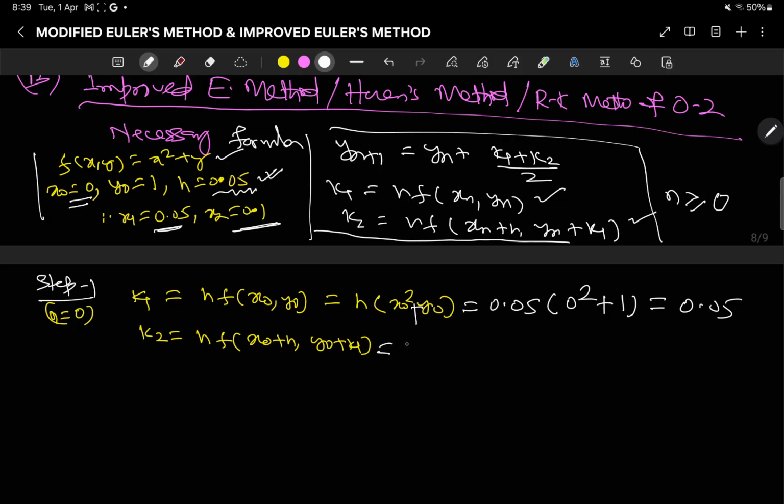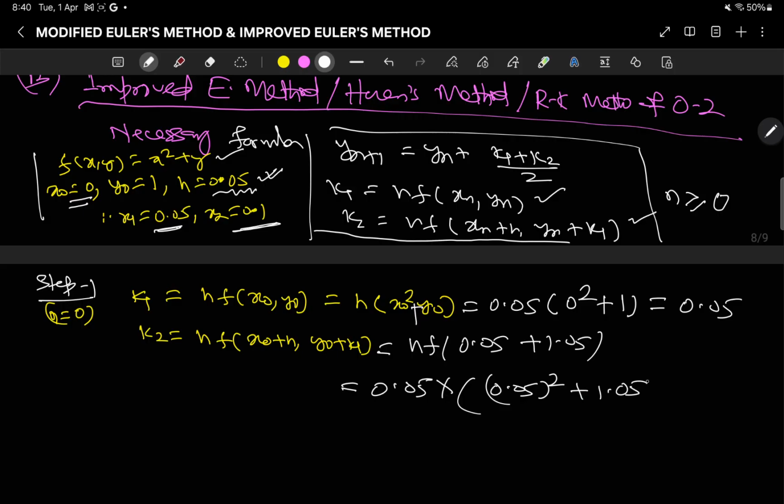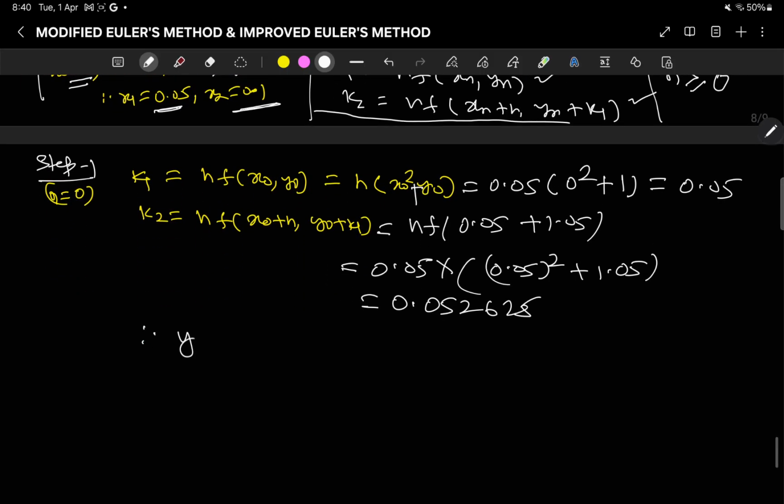If you simplify it, you will get h f(0.05, 1.05), so this will be 0.05 into (0.05 square plus 1.05). So this is equal to 0.052625.